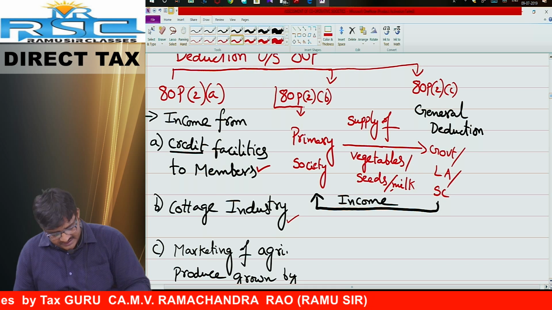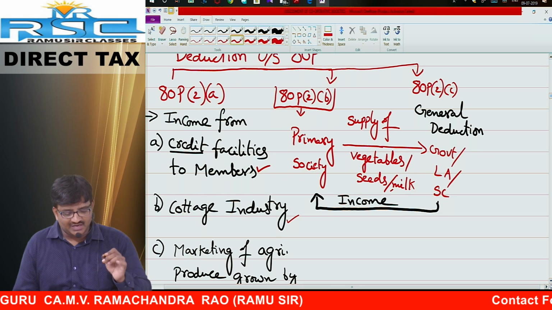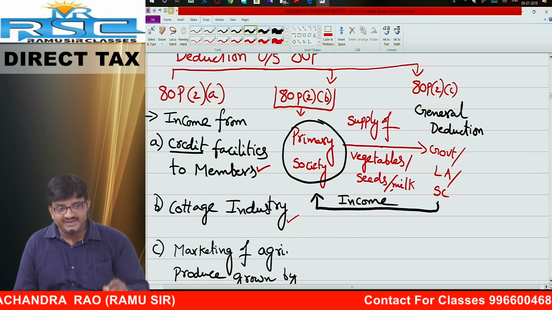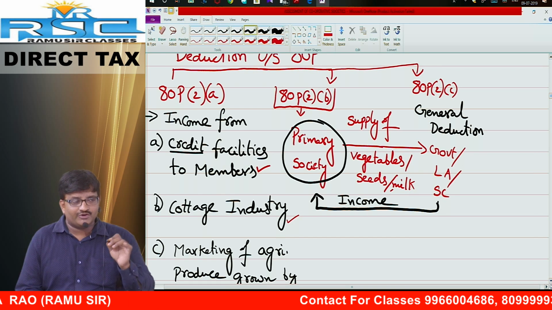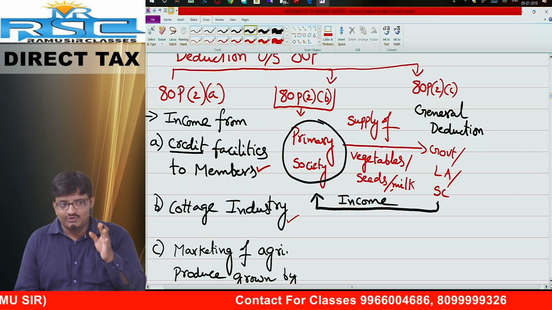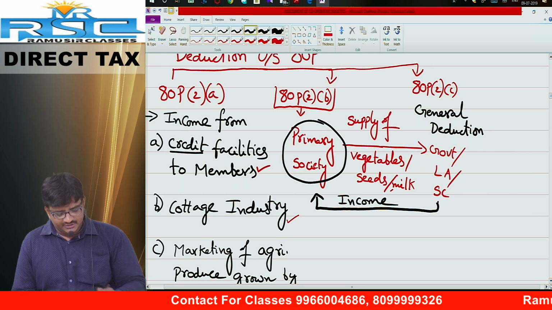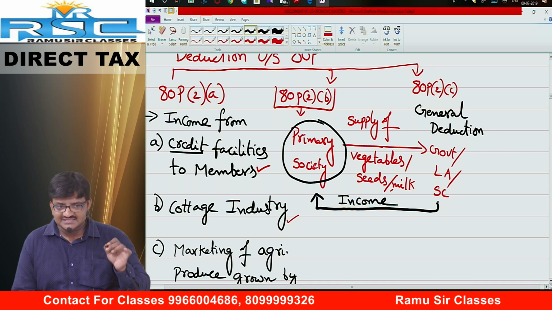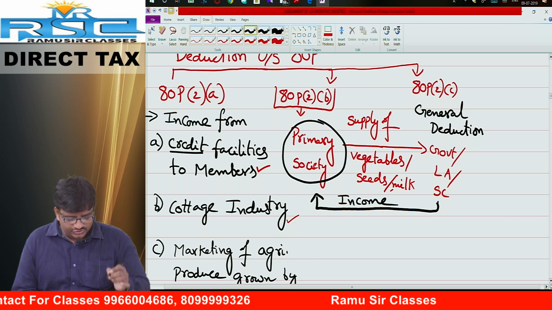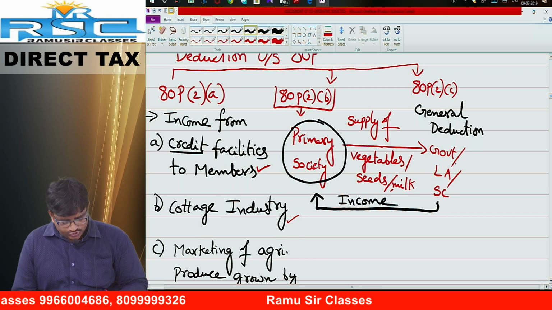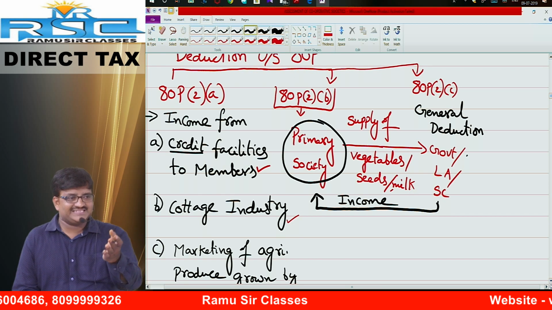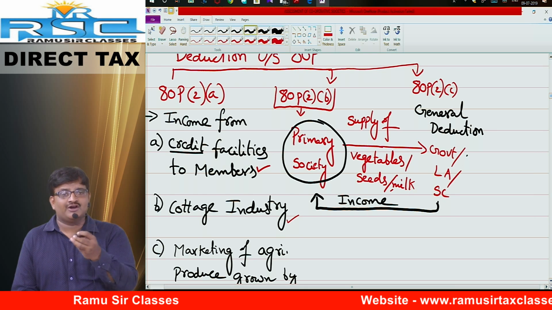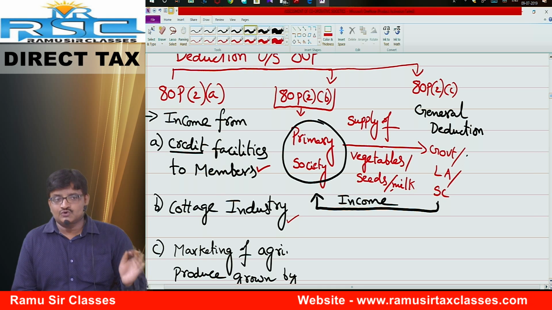Next topic, section 80P subsection 2 clause B. I repeat, clause B. What is this? Primary cooperative society. Primary cooperative society means members are doing the fundamental works, such as supply of vegetables, milk, fruits and seeds to government. I hope you know SC ST hostels and BC hostels are there, and schools run by governments.